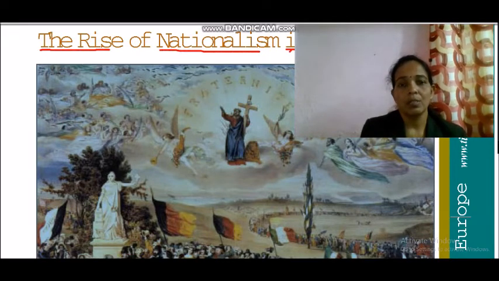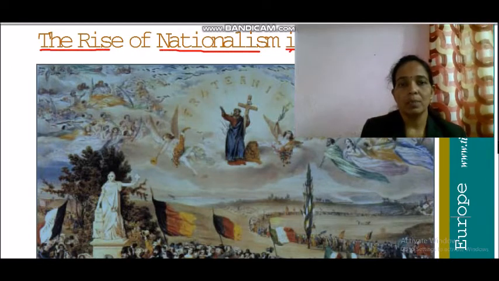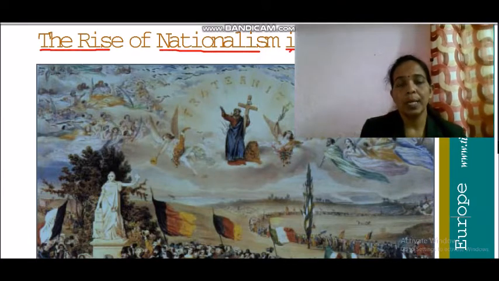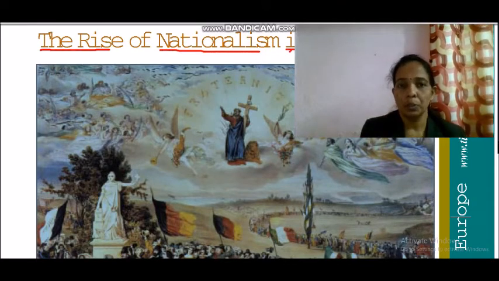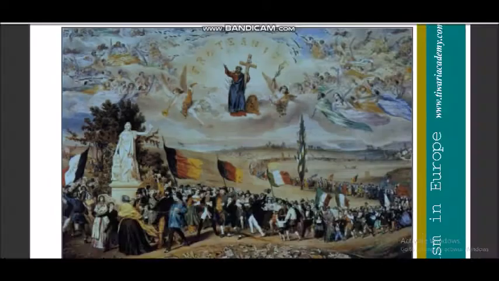The chapter starts with this picture. We are looking at this picture on the first page. It depicts the journey toward democracy in Europe.